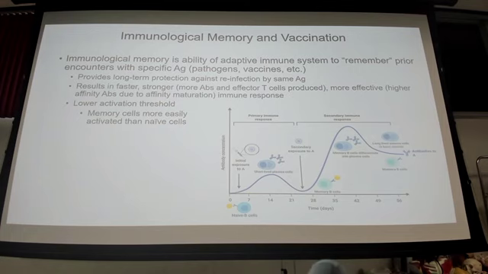In this example, this is showing a vaccination, not a natural infection, but this is similar to what happens in a natural infection as well. But if you've ever wondered why you get a booster when you have a vaccination or why that's sometimes offered, this is why. So what happens when you get an initial vaccine, let's say it's your first time that your body's ever seen this particular antigen.